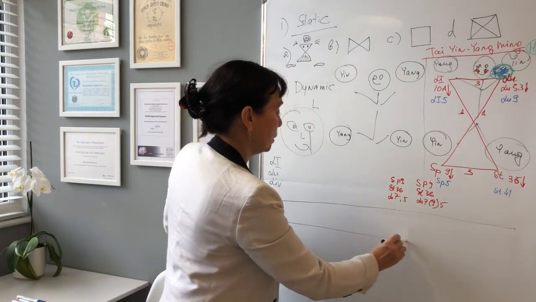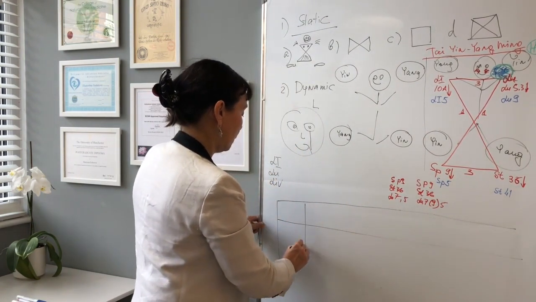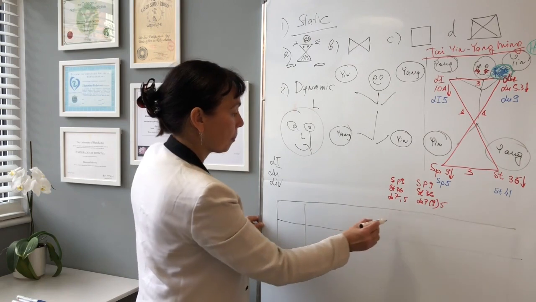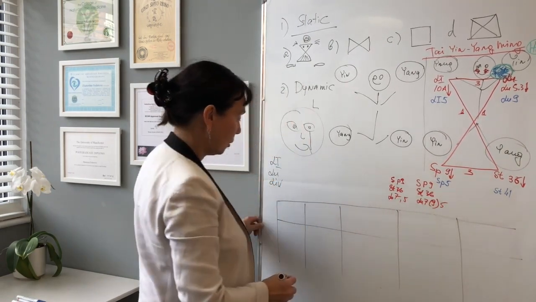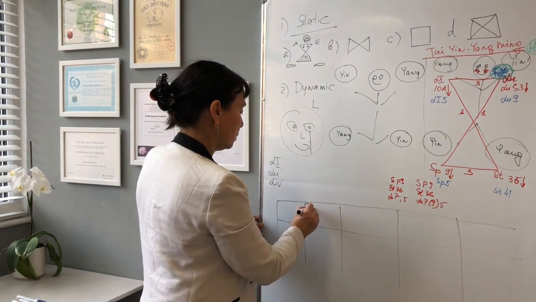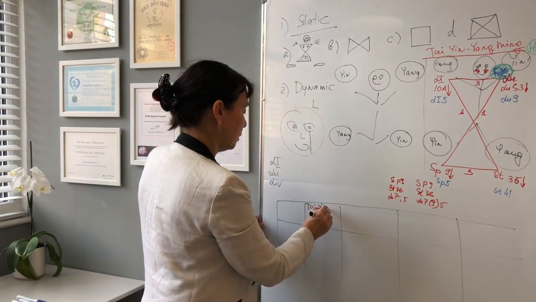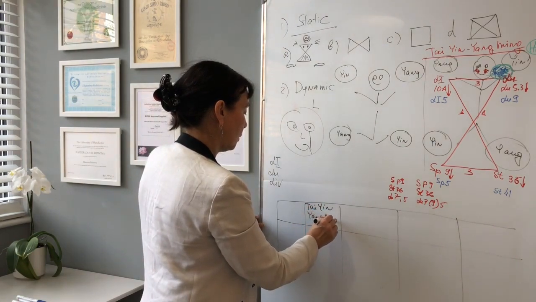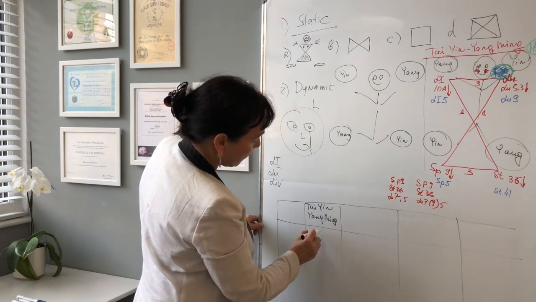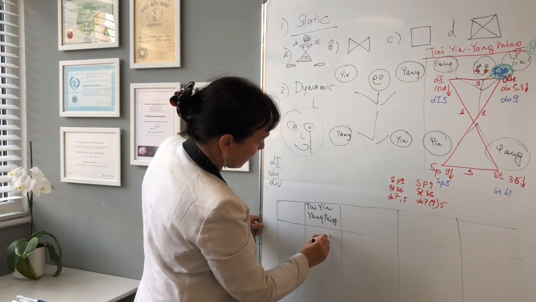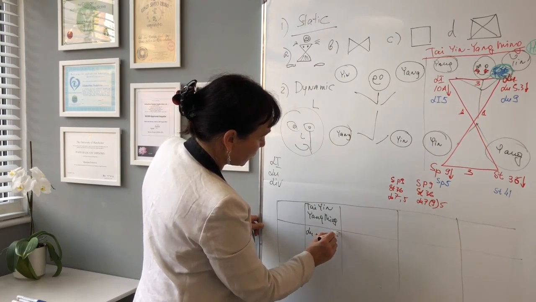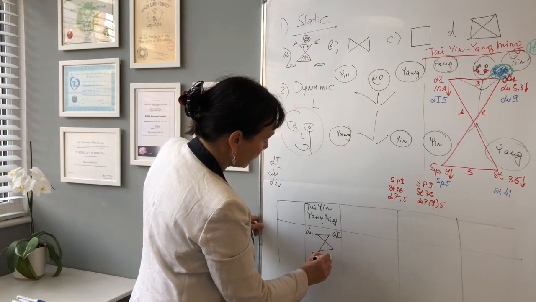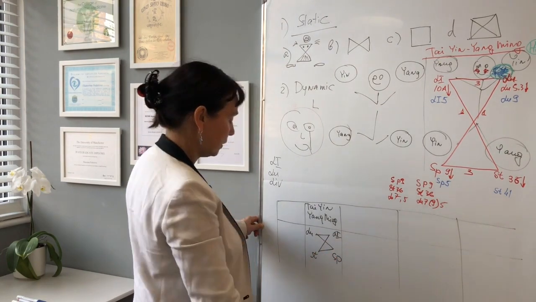So if we put here 4 columns, and here we put Tai Yin Yang Ming. It can be lung, large intestine, stomach, spleen.